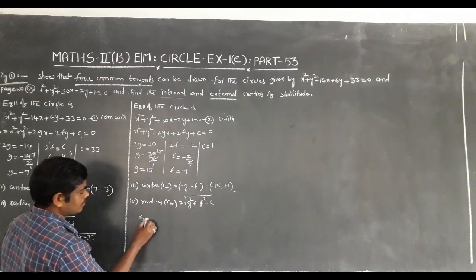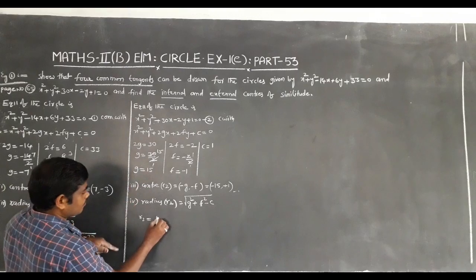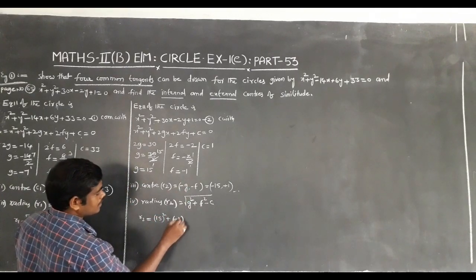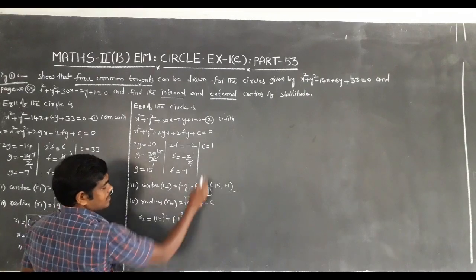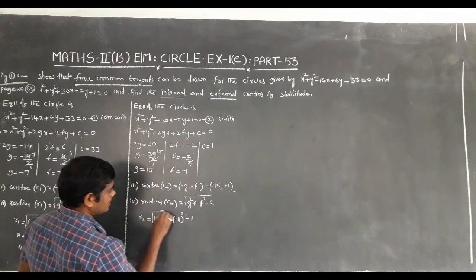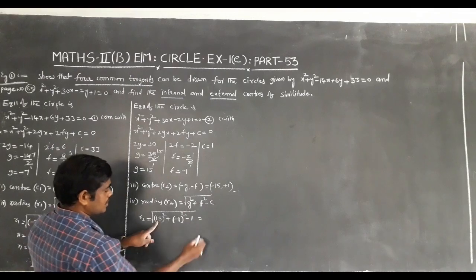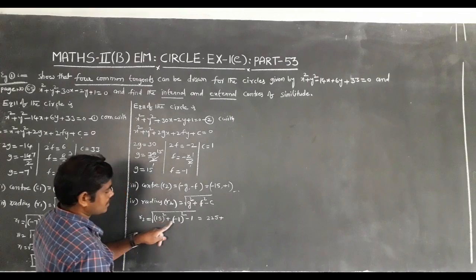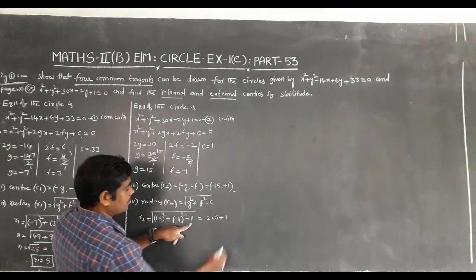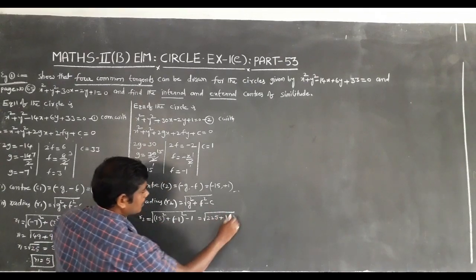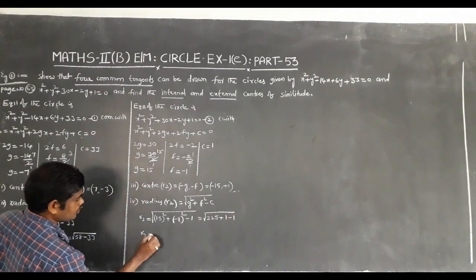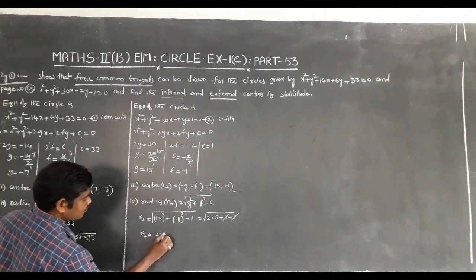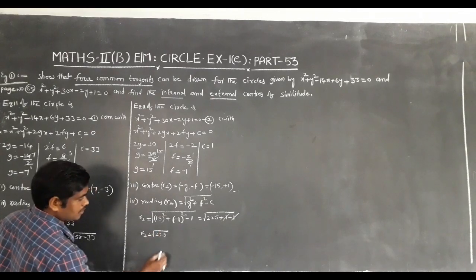R2 is equal to under root of 15 square plus minus 1 whole square minus 1. 225 plus 1 minus 1, the 1 and minus 1 cancel.